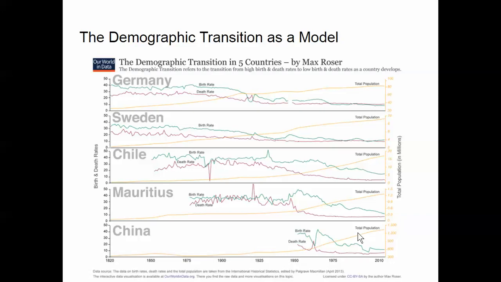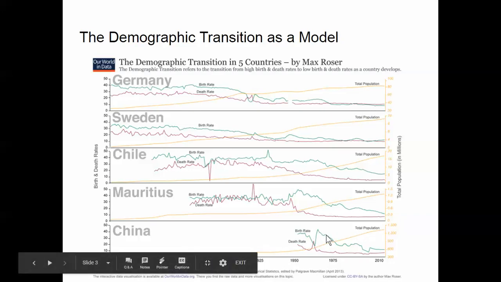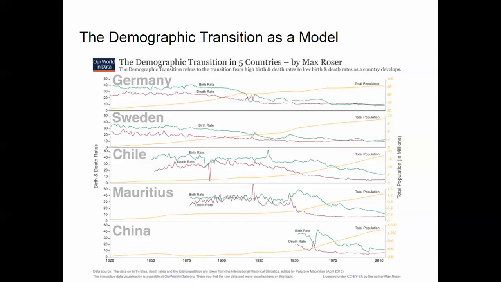China, well, China rapidly changed that dynamic, and in fact, we have some very strange scenarios here. So not everybody quite fits the model, and there are several reasons for that. In the case of China, very rapid decline in populations because of government control of birth rates.